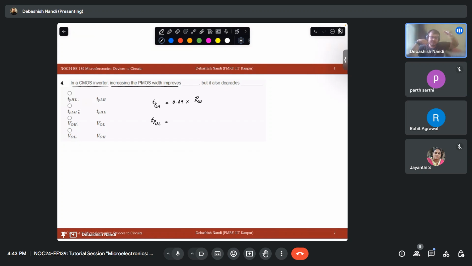When it is connected to VDD, through the PMOS. So it will be R on of P times some load capacitance. And high to low is the discharge path, that means R on of N times CL plus CD, CDP plus CDN. CL plus CDP plus CDN.